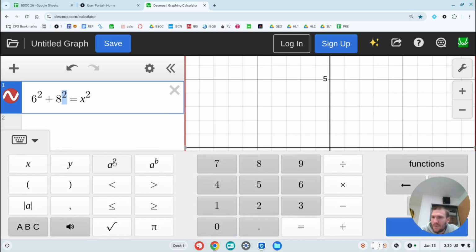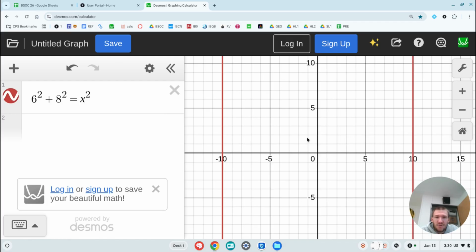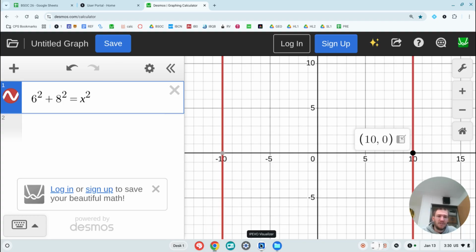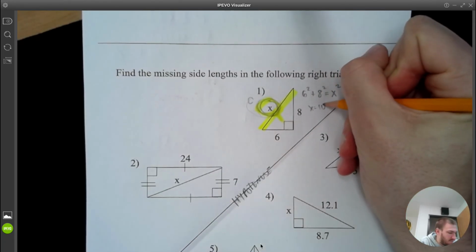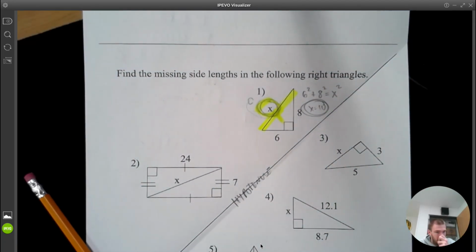You can use this squared button on the keyboard, or you can do Shift 6. Now, you're always going to get two answers, positive and negative, and we always want the positive answer. And so the answer is going to be 10 for this question. So x equals 10, and we're done.